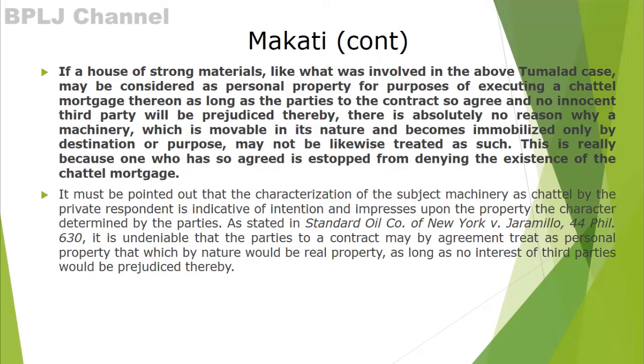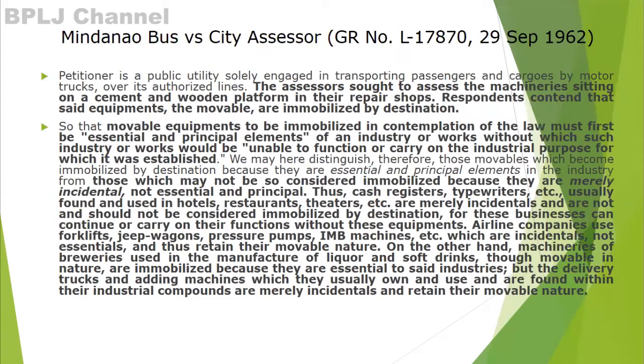This is really because one who so agreed is estopped from denying the existence of the chattel mortgage. So again, it is a reiteration of the previous rulings of the court relative to the parties treating an immovable property as a personal property by the stipulation in their contract.